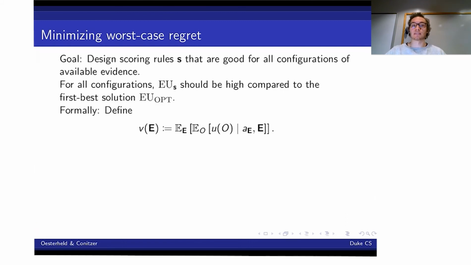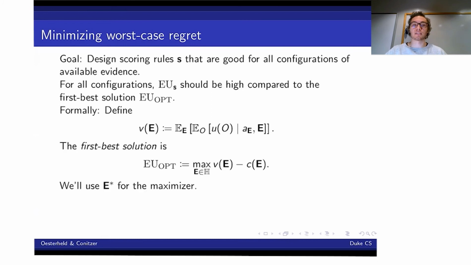And this doesn't take costs into account yet. Then the first best solution is the solution where the difference between the value of the information minus the cost of the information is maximized.